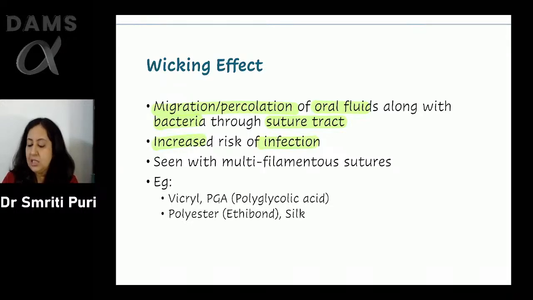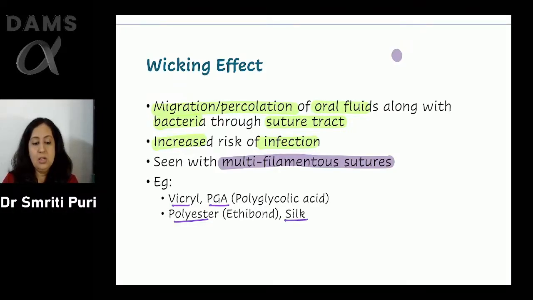Fine. And please remember, it is seen with multifilamentous sutures. So your examples are Vicryl and polyglycolic acid, polyester, which is also known as Ethibond, and silk.